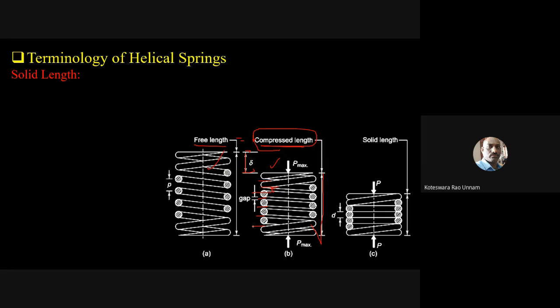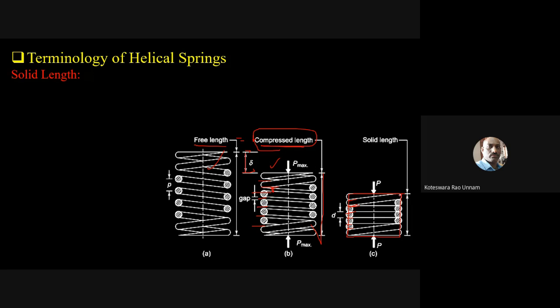Now, if I further compress the spring such that this gap is completely closed, you can see here all the coils are in touch with the adjacent coils. That means there is no gap at all. That is the maximum possible compression for the spring, and beyond this point the spring cannot be compressed further.